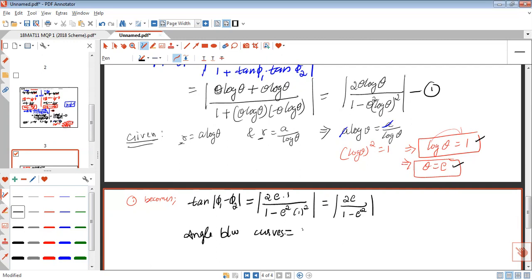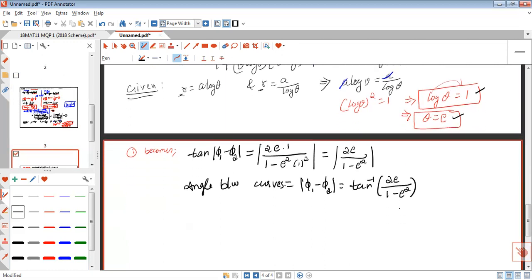So the angle between the curves, modulus of phi 1 minus phi 2, is tan inverse of 2e divided by 1 minus e square. So this represents tan inverse of 2x divided by 1 minus x square. The formula is 2 tan inverse x. Here instead of x we have e.